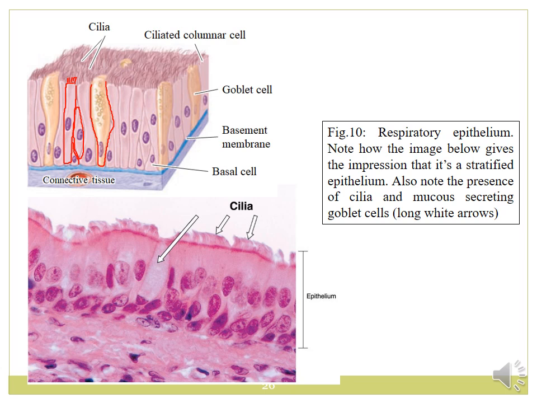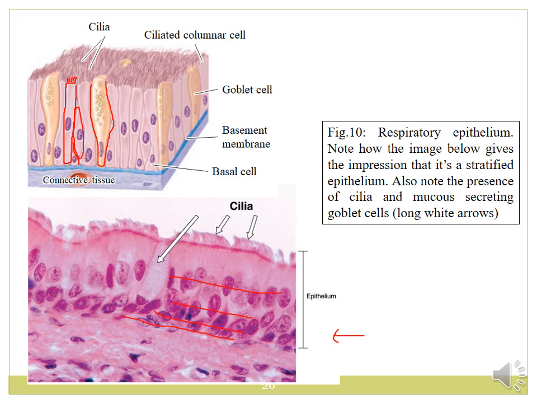So this is a diagram showing the respiratory epithelium, pseudostratified columnar ciliated epithelium. If we look at the image here, this is how it appears under the microscope. Notice how I can see the nuclei occupying different levels. So at first glance on this slide, I will say, okay, this is stratified epithelium.